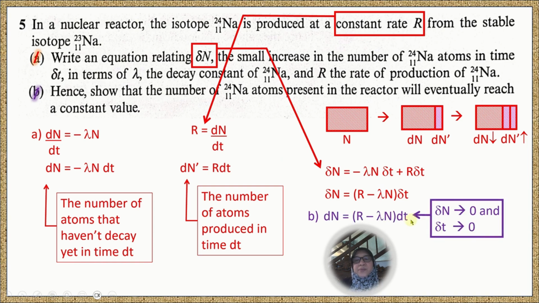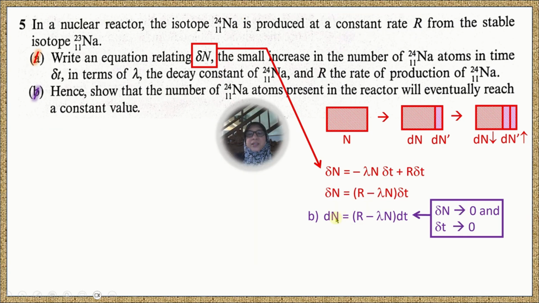Okay, so now from this one, when delta n approaches 0, we use the derivation rule. So it becomes dn equals r minus lambda n in brackets, and delta t becomes dt. So if this approaches 0, we use dn.